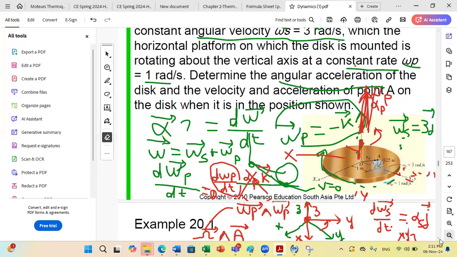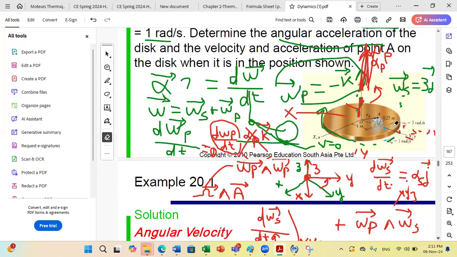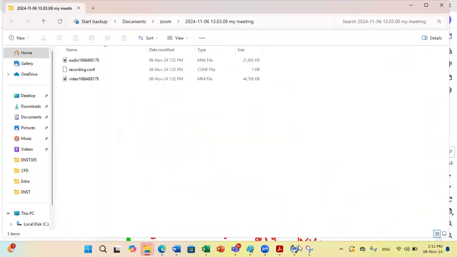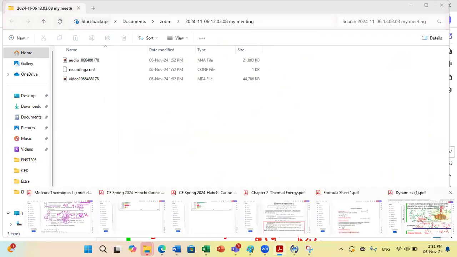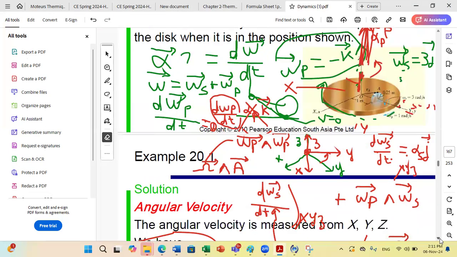Omega total we calculated. If you look at this figure, the OA vector can be decomposed into two components: one along J, plus 1J, and one along K, plus 0.25K.